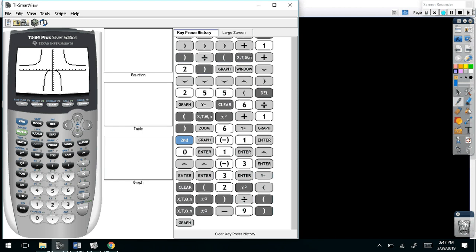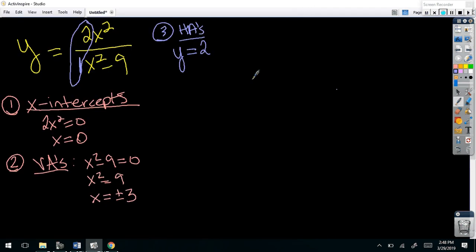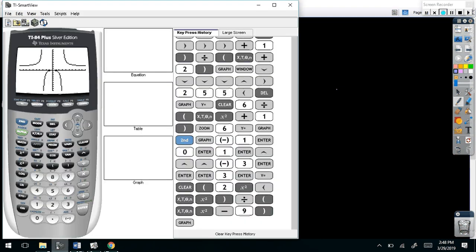All right, so I'm thinking my asymptotes are at -3 and 3, right? What kind of x values should I pick? 4 and -4, definitely. And I need at least 2 on that side because I'm going to have to get this whole little wing here. So let's do -4, -5, +4, +5.